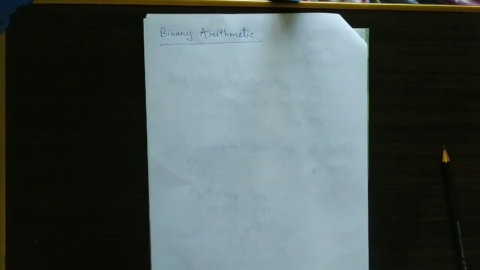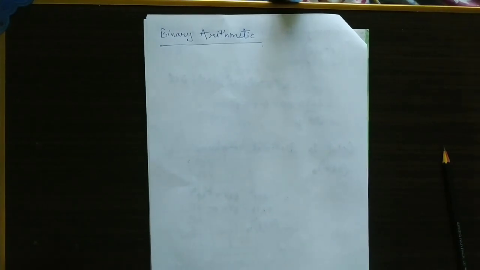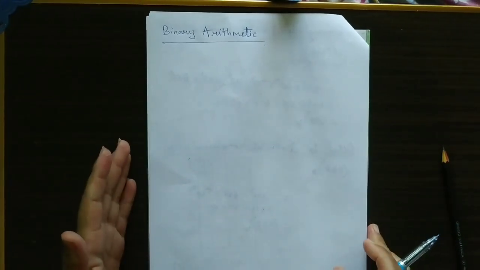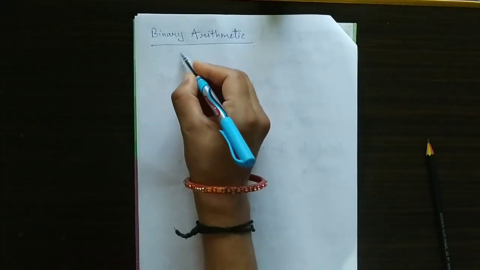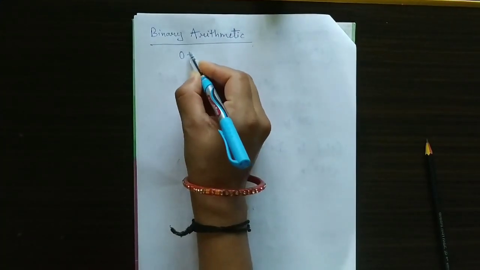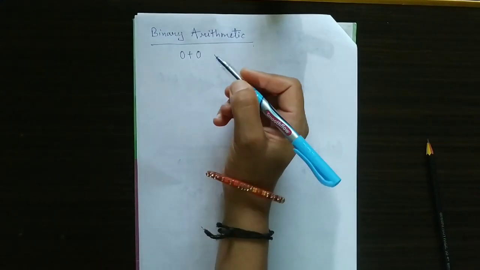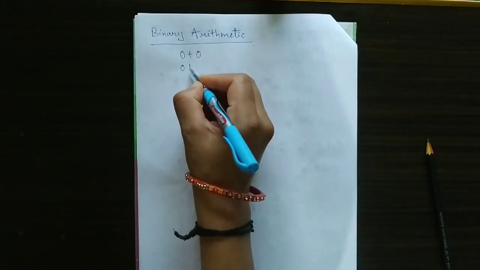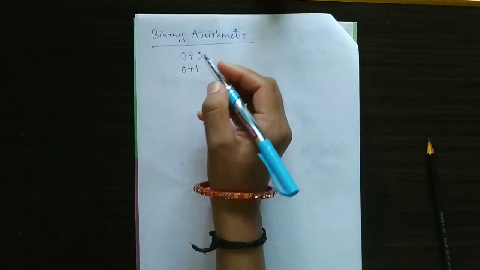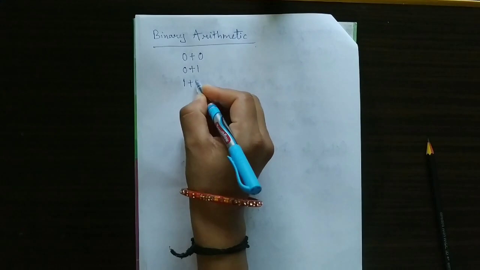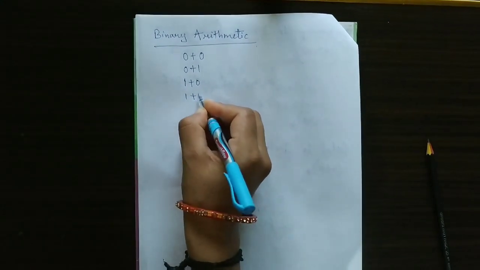Now I will tell you about binary arithmetic. Binary arithmetic means how you add or subtract binary digits. As you know, there are only two digits, 0 and 1. Then we will see what comes when we add 0 with 0, 0 with 1, 1 with 0 and 1 with 1.